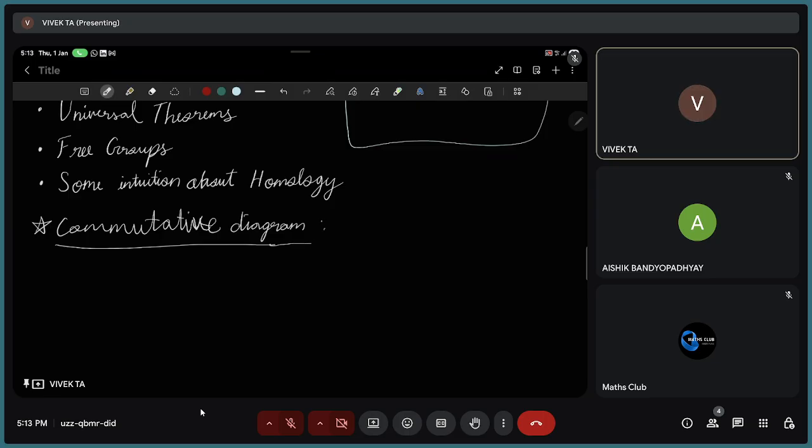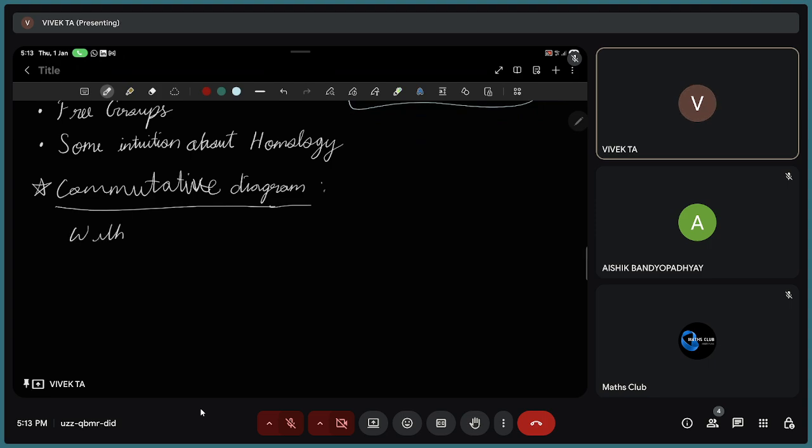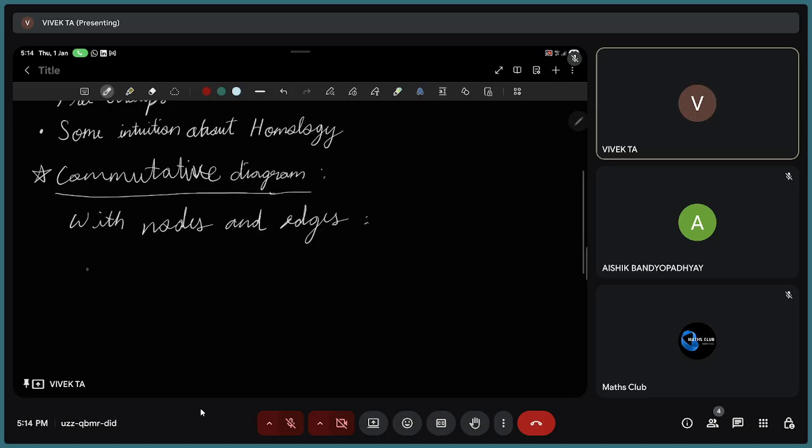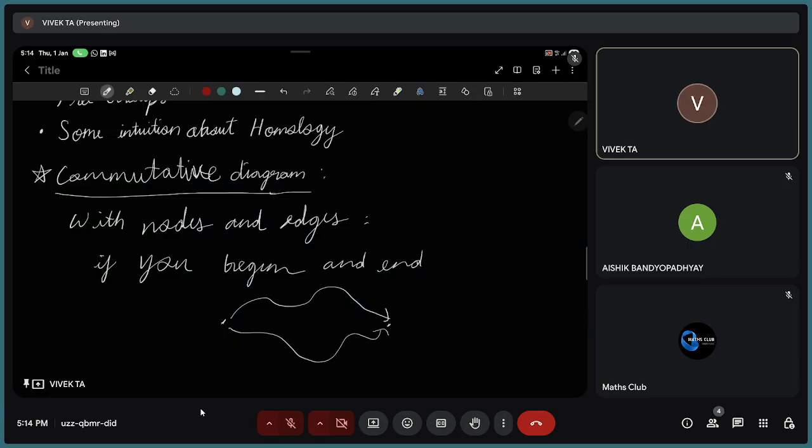Particularly, it's just a graph in the most general sense with nodes and edges such that if you fix a starting and an endpoint, whatever path you may choose to go through, any path you choose will lead to the same answer.